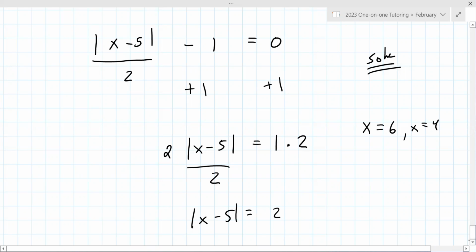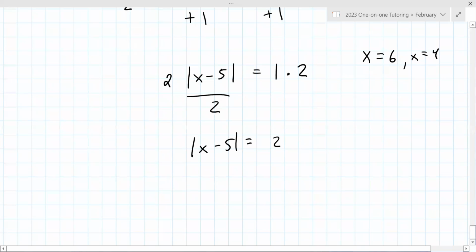And then it is minus 5 equals. I got one is x equals 7, and then the other one is x equals 7 also, I think.